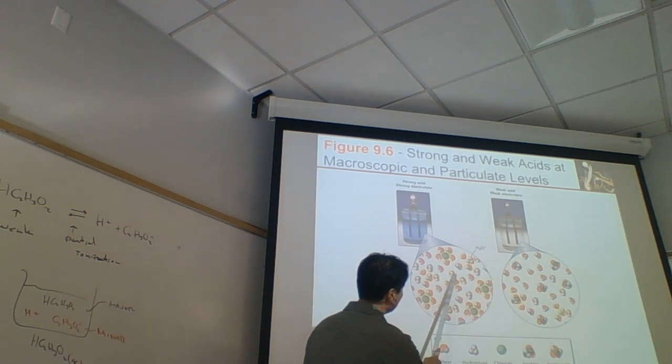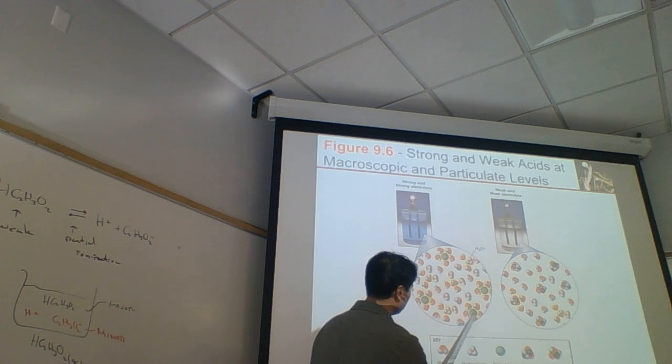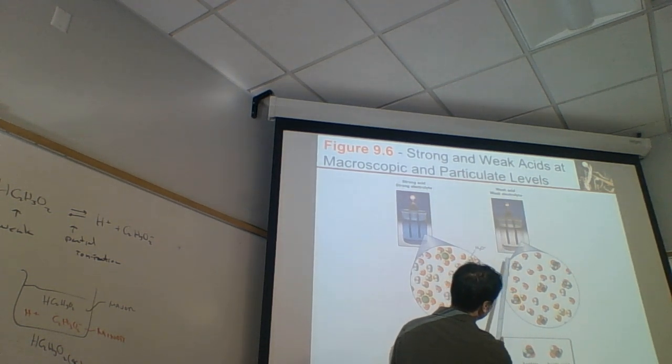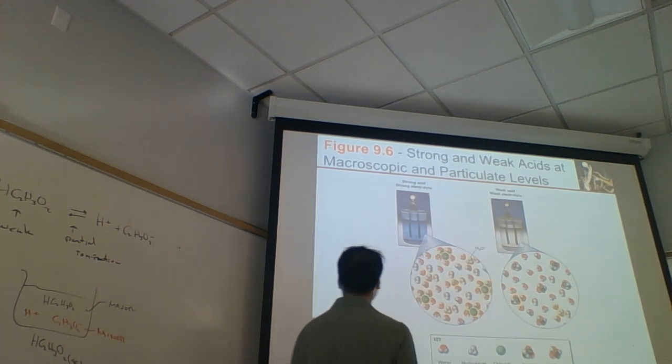For the hydronium, you have the oxygen ends of the water molecule. For the chlorides, you have the hydrogen ends of the water molecule. Over here, we have acetic acid. We have mostly molecules of acetic acid that have not dissociated, and then a few dissociated ones. Here's one acetate, here's one hydronium.